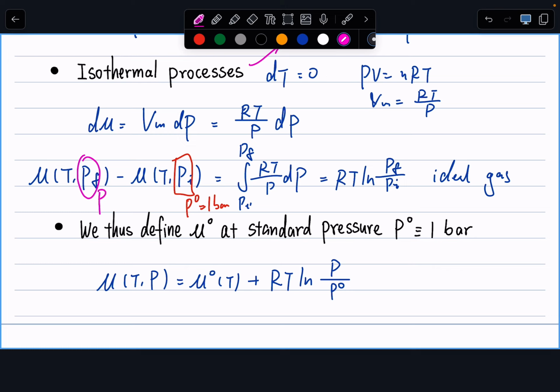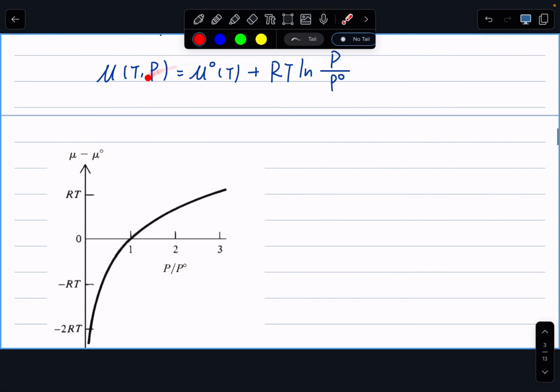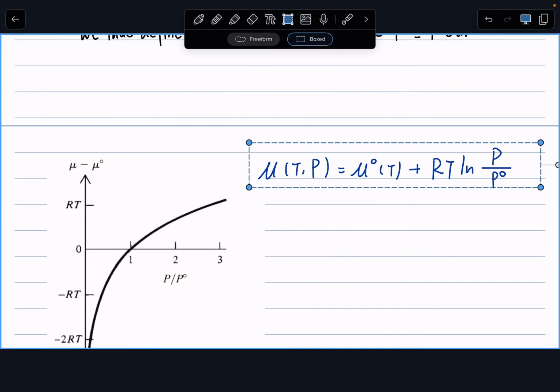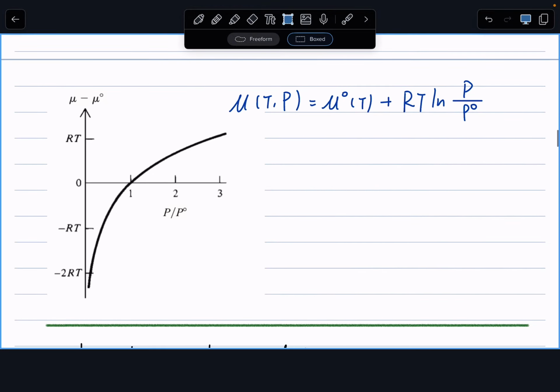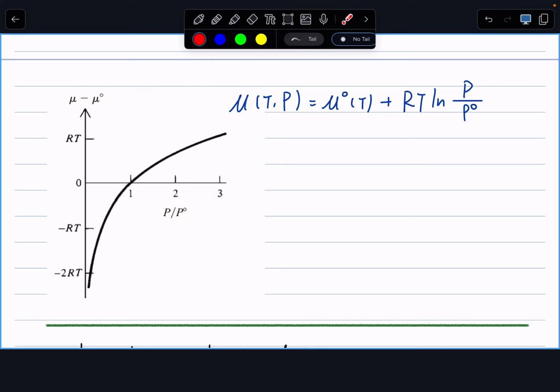All right. Before we move on to talk about ideal gas mixtures, let's spend one more minute looking at what it means if we plot this equation out. So here's the plot of this equation. On the y-axis, that's mu minus mu naught.